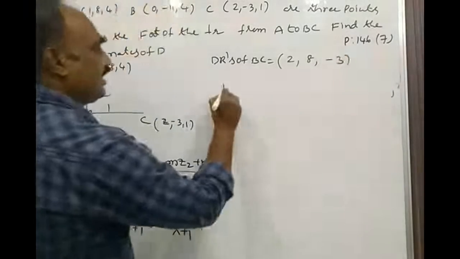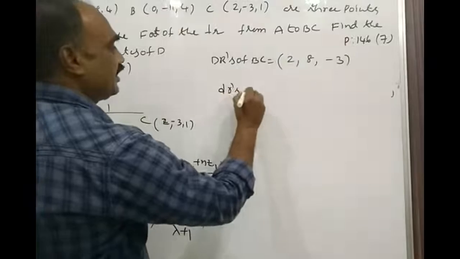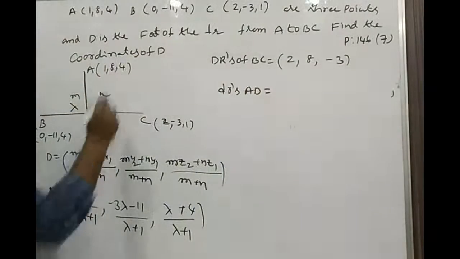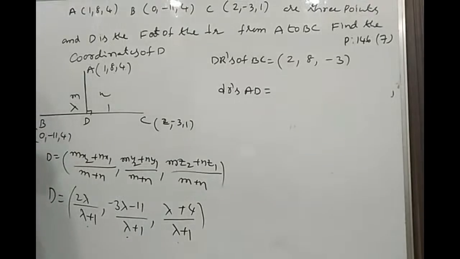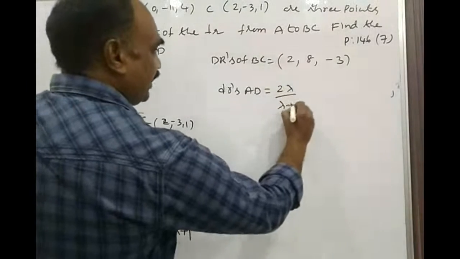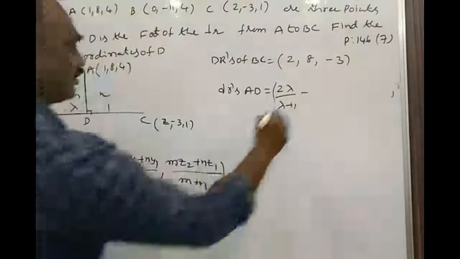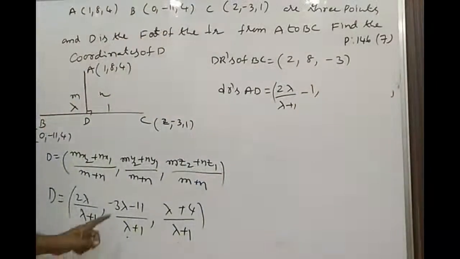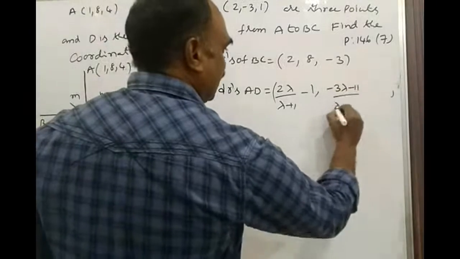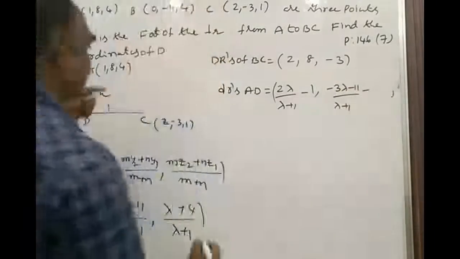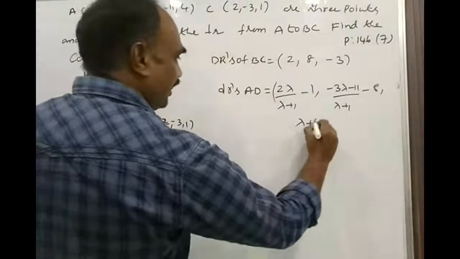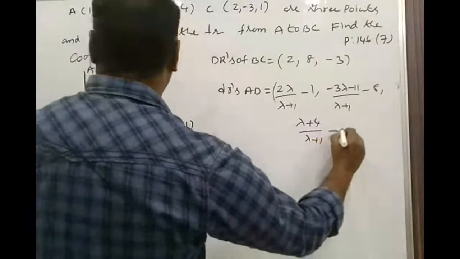Next, friends, direction ratios of AD, where this is x1, y1, z1 and this is x2, y2, z2. x2 minus x1: 2 lambda by lambda plus 1 minus 1; y2 minus y1: (minus 3 lambda minus 11) by lambda plus 1 minus 8; z2 minus z1: (lambda plus 4) by lambda plus 1 minus 4.